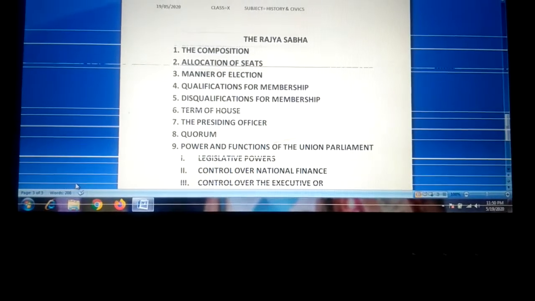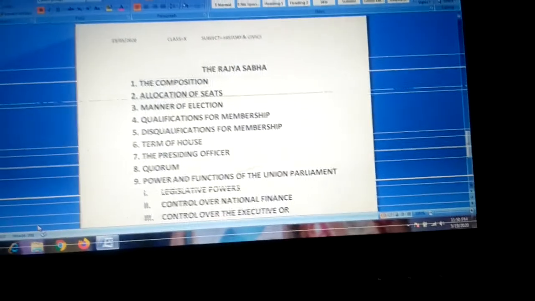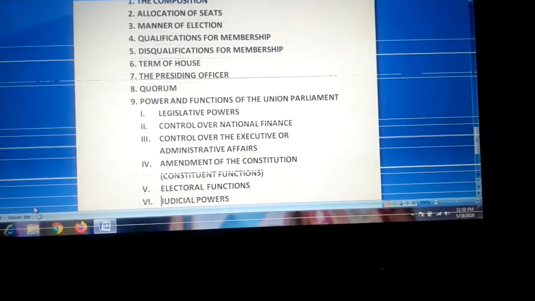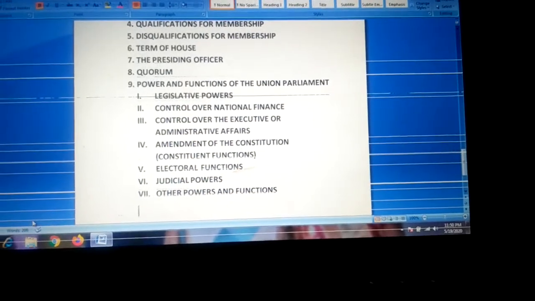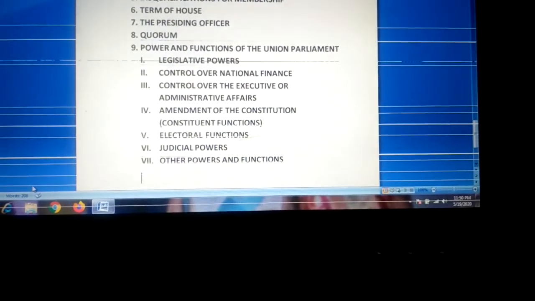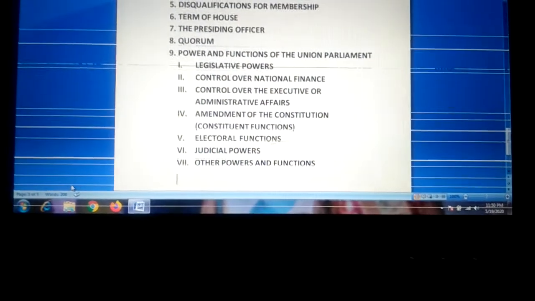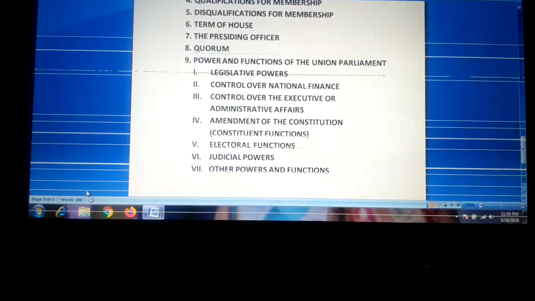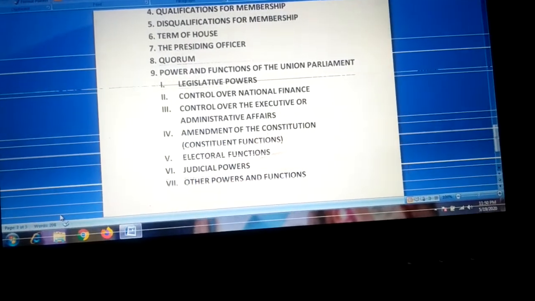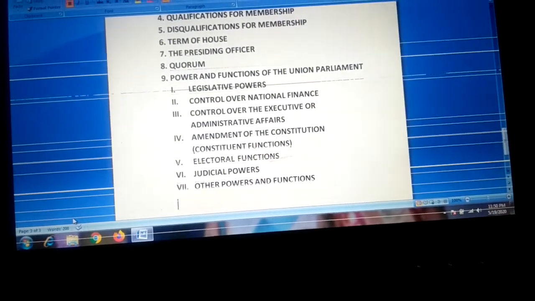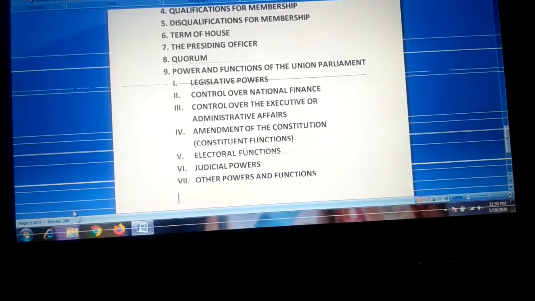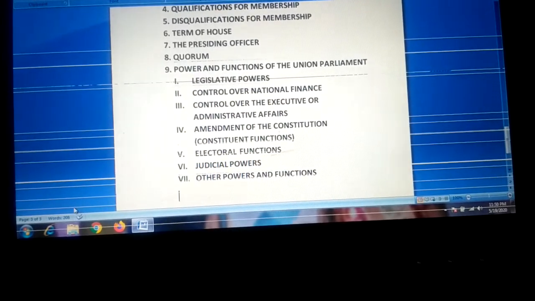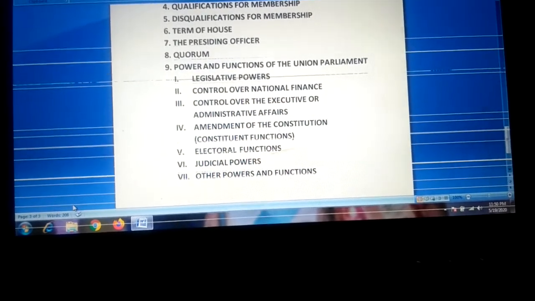Then control over the executive or administrative affairs. Here, the ministers continue in office so long as they enjoy the confidence of a majority of members in the Lok Sabha.